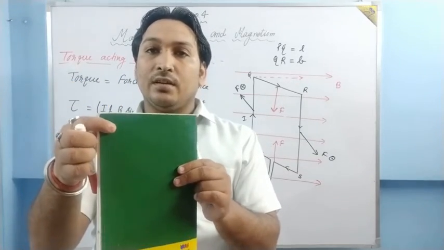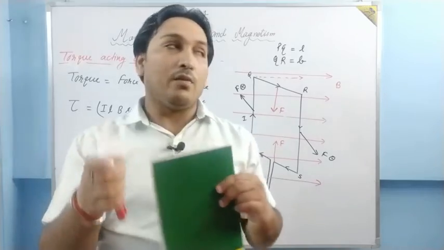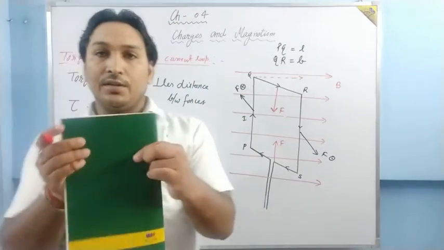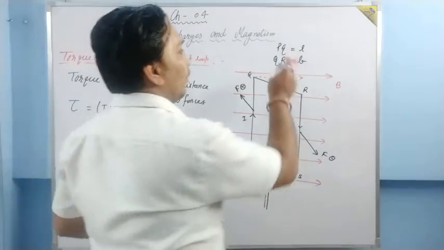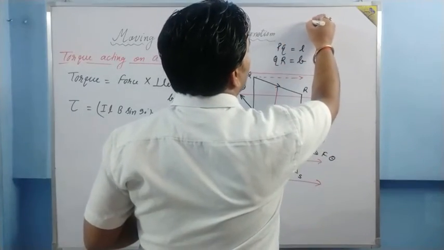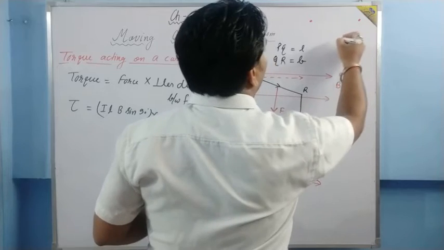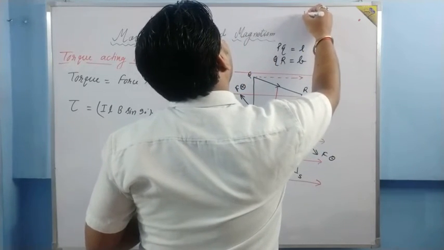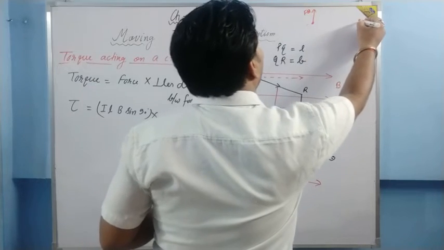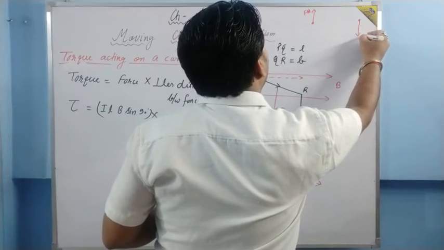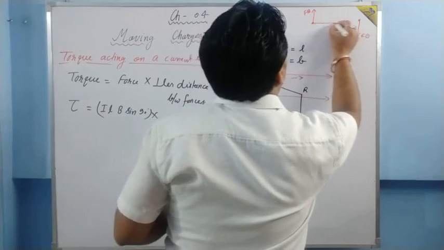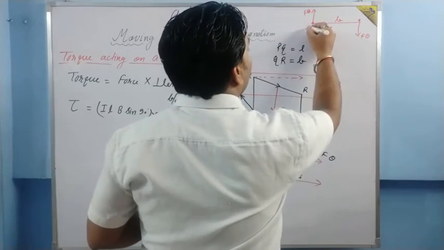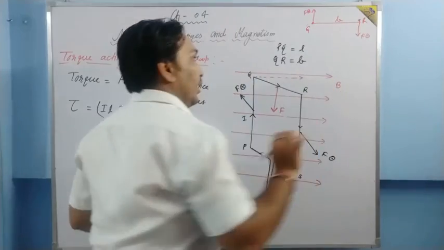Are you able to understand? If you are able to see the top view, when it was straight, when it is like this, what will be the top view? Top view will be something like this. This force is perpendicular inward and this force is perpendicular outward. So what is the perpendicular distance between them? The breadth only. I am talking about QR, if it was straight.